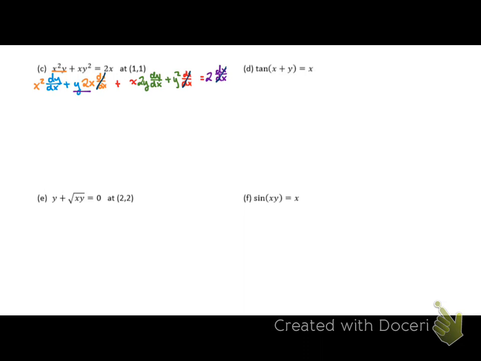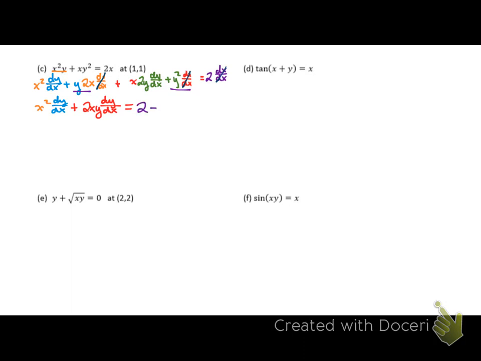Let's see, that has a dy/dx, and this. So my x squared dy/dx stays over here. And my x, actually I'm going to write that as 2xy because it's prettier that way. dy/dx is going to stay over here. And that's going to equal 2.